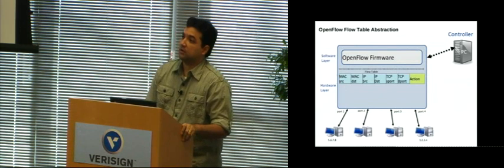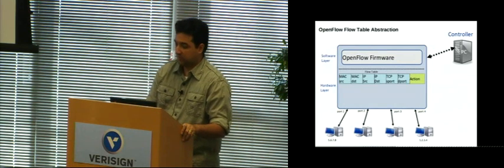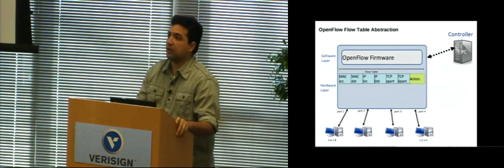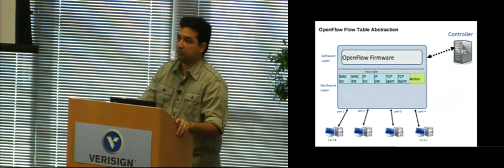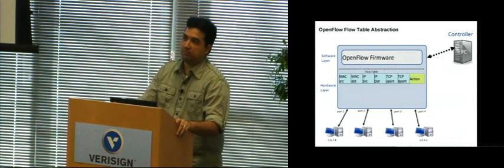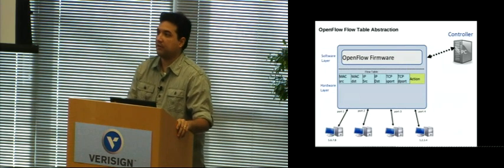So there's the OpenFlow table abstraction that runs in the controller. In the switch, there are parameters like MAC source, MAC destination, IP source and IP destination, TCP destination and source port, and an action to perform in the network.